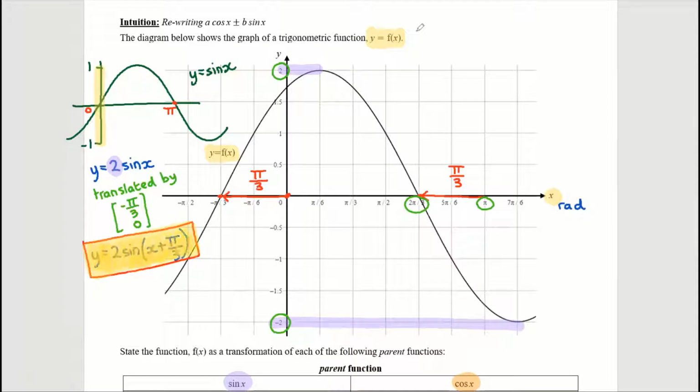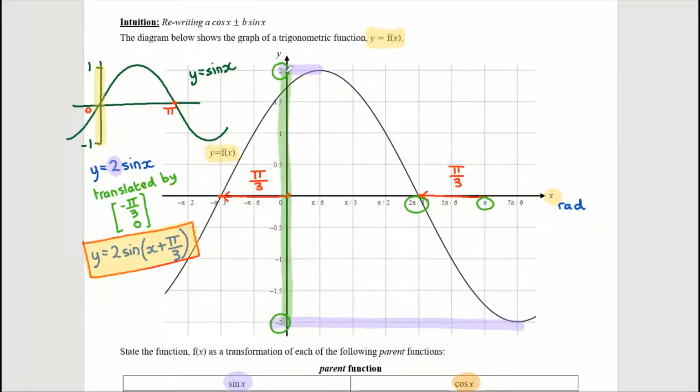Okay, and now while we're doing that, we've got to consider how this would contrast if it was a cosine parent function. Well, there's numerous ways of doing this, and a lot of the work has been done for us already. We know because of the stretch of scale factor 2 that this graph has been stretched from -1 to -2 and from 1 to 2.